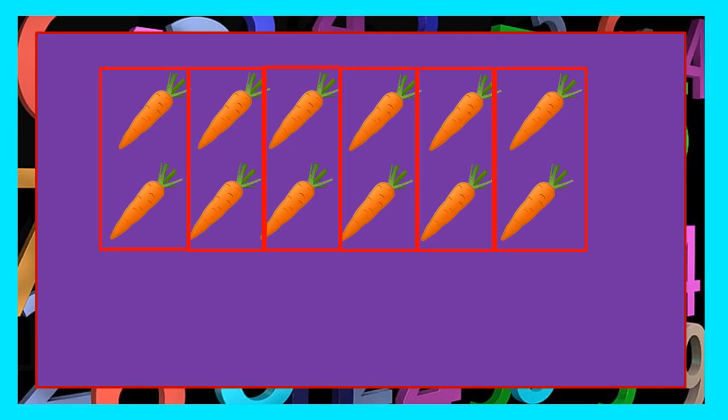grupo. So, ilang carrots ang meron sa bawat grupo? Tama kayo. May 2 carrots sa bawat grupo. So, kung isusulat natin yung mathematical sentence na ito ay 12 divided by 6 equals 2. Ngayon, anong napansin ninyo sa paghahati?